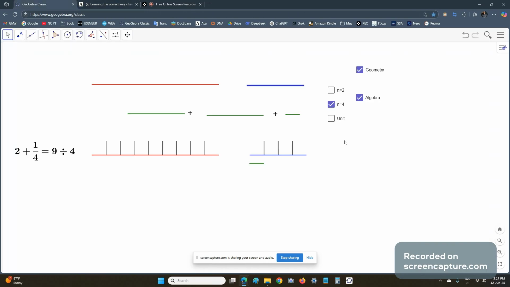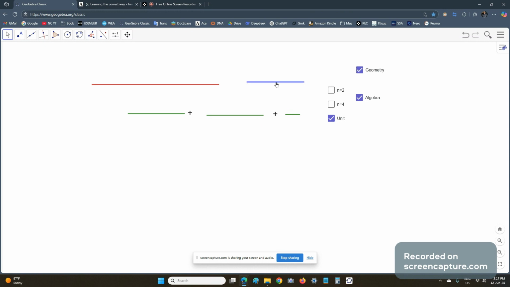So now what about if you're just using the unit? Well, the unit turns out to be the same as what you're doing in geometry. This becomes a unit, right? It's just like 1, right? So 1, 2, and this little bit left over. But it doesn't tell you how much this little bit left over is. Okay, so algebra wants to be more precise.